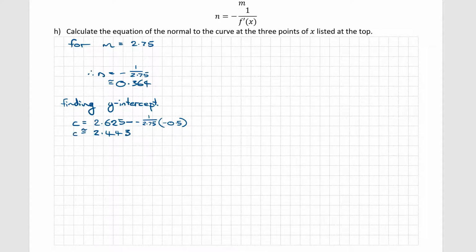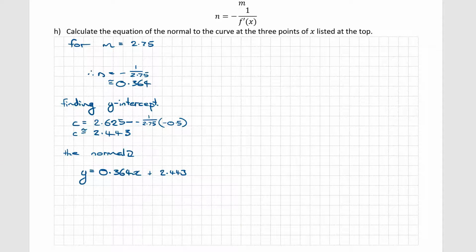Like so. So therefore the normal is described as y equals, in this case roughly, 0.364x plus 2.443.